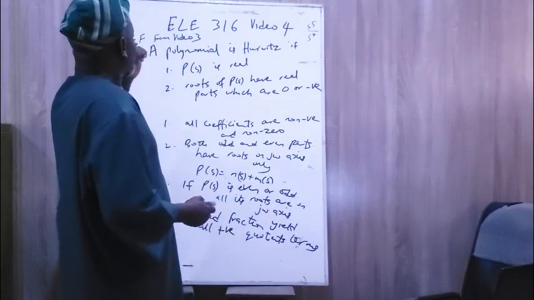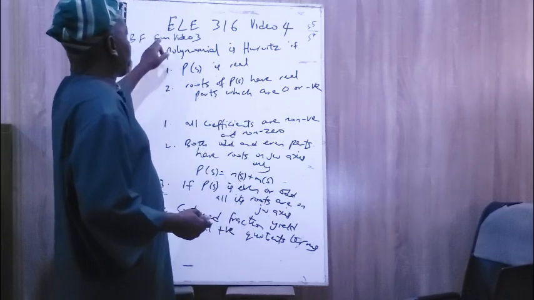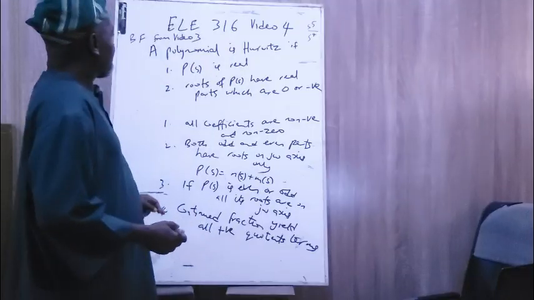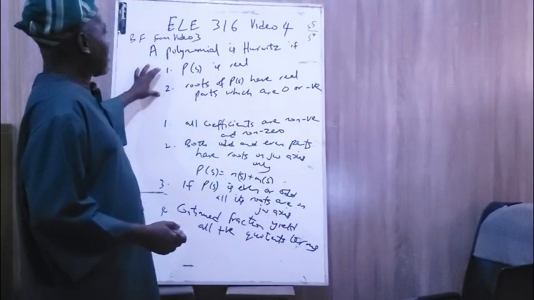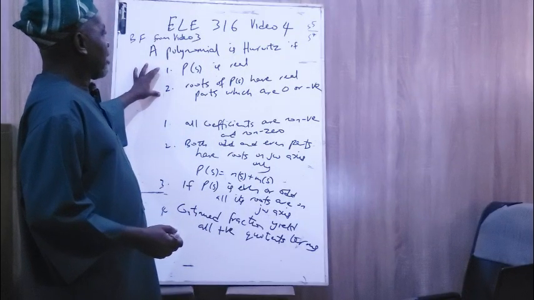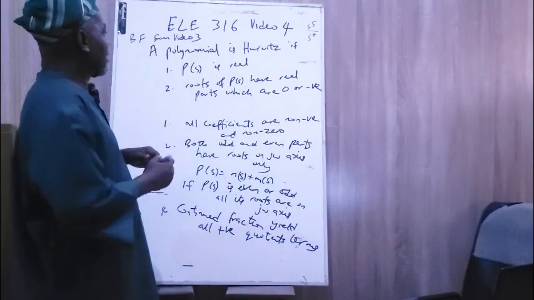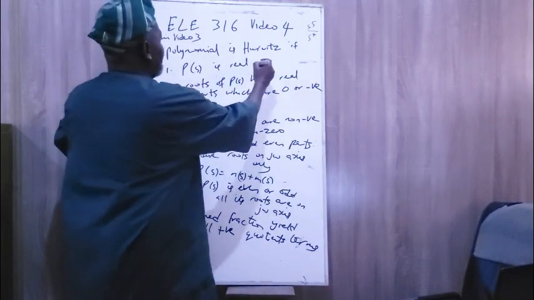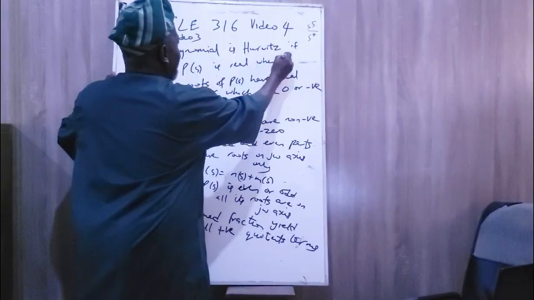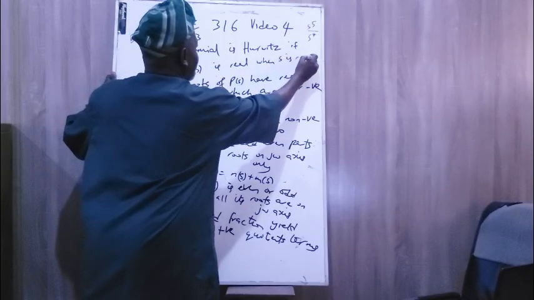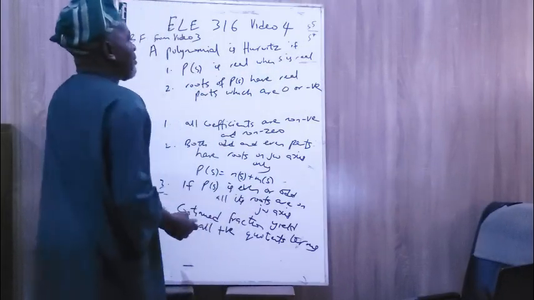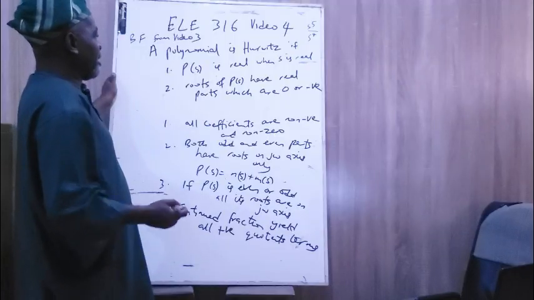Now, this is brought forward from video 3. We learned here that for a polynomial to be Hurwitz, P(S) is real when S is real. This is our takeaway from video 3.